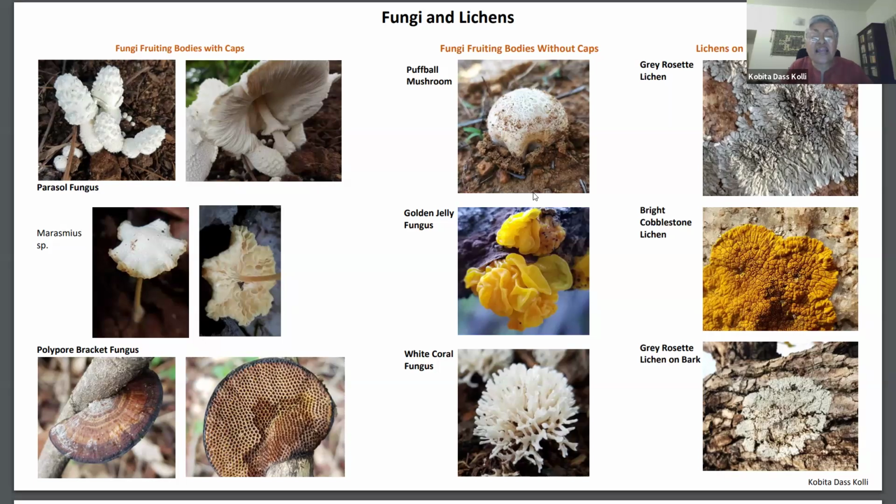What we would like you to do is, when you document, please take a picture of the underside. As you can see on the top left, you can see the parasol fungus, which is whole, it has just emerged, the fruiting body, and then you can see the one which is opened, and then you can see the stipe, which is the stalk. And all of these characteristics help to identify your mushroom.